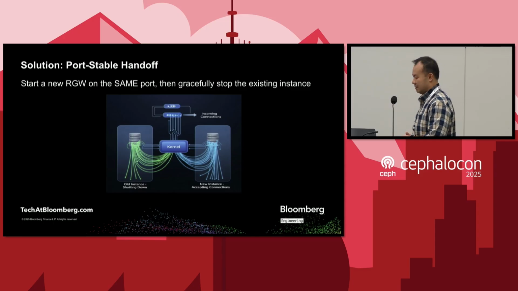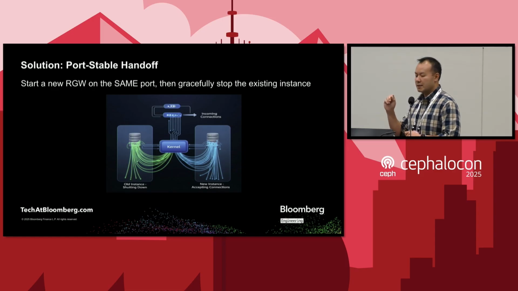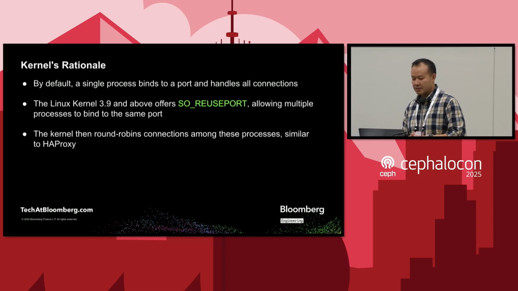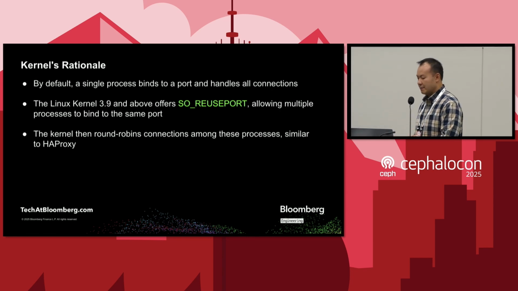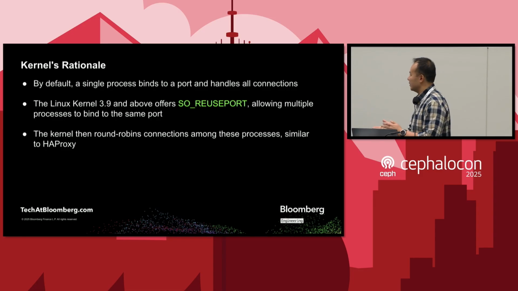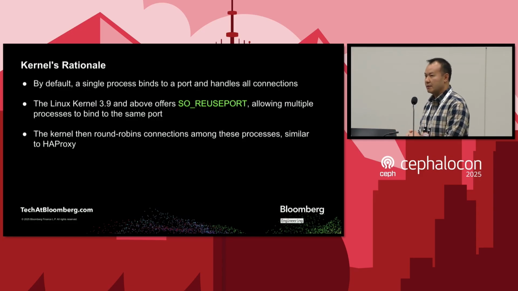Now, I should be very careful with my words, this is not yet possible up till now, and the reason is, actually, I skipped a slide, so let me take a step back. This is possible at the kernel level, kernel 3.9 and above, and 3.9 is not a new kernel. I believe 2013 is when this option came out.